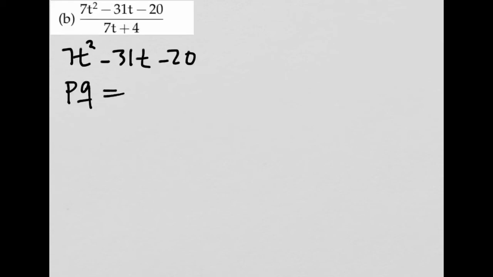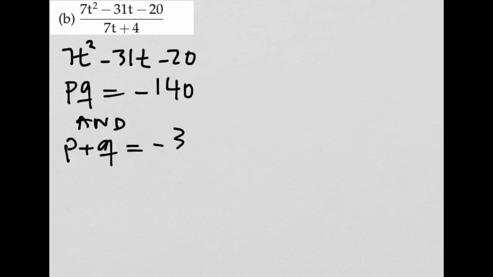Next, let's look at 7t squared minus 31t minus 20 divided by 7t plus 4. First, I'm going to factor the numerator, 7t squared minus 31t minus 20. To factor that, I need two integers, p and q, that multiply to 7 times minus 20, that's negative 140, and add up to the coefficient of t, which is negative 31.